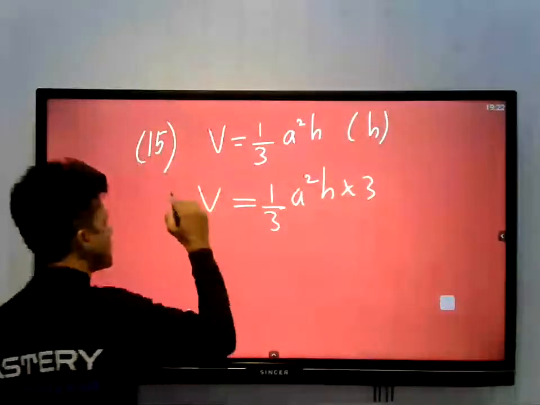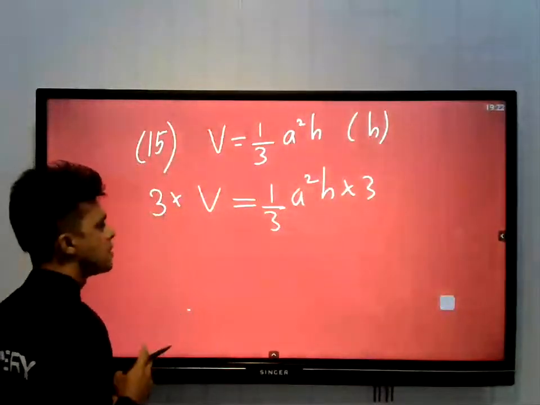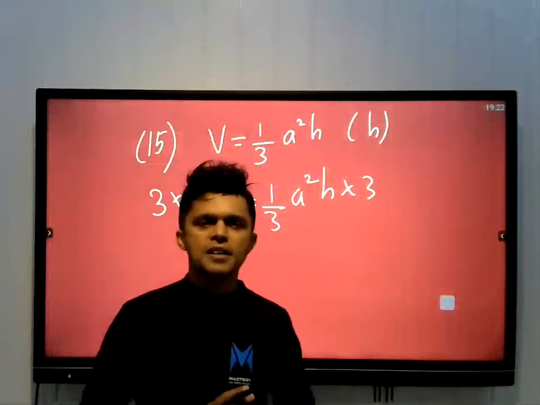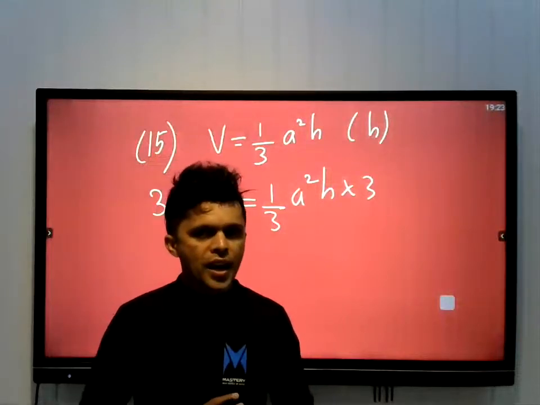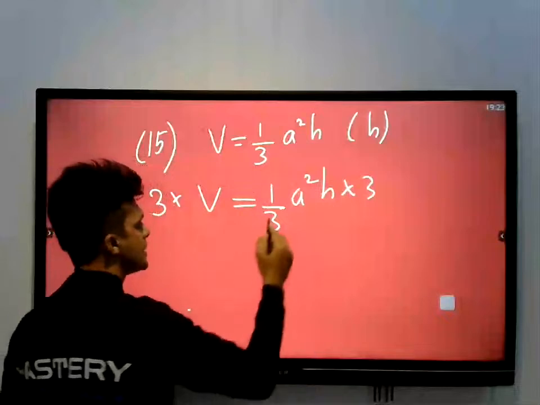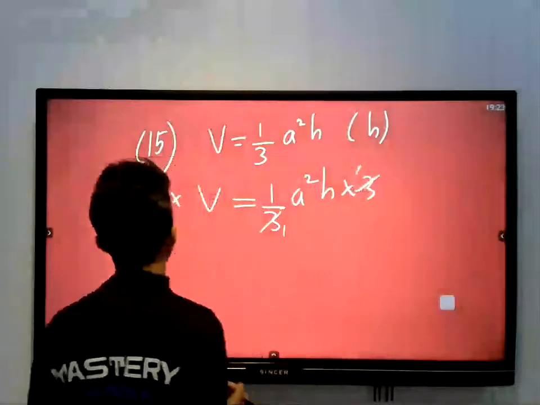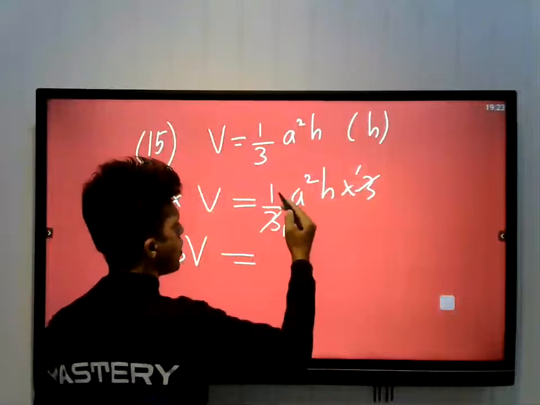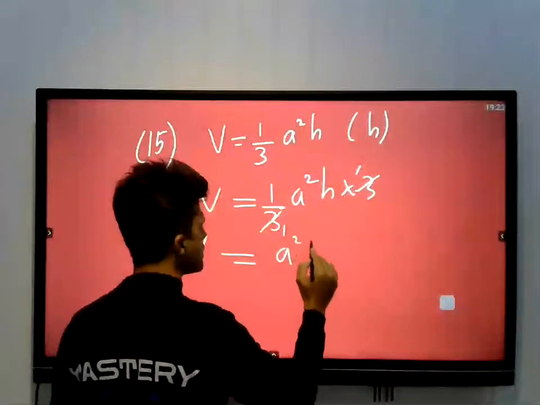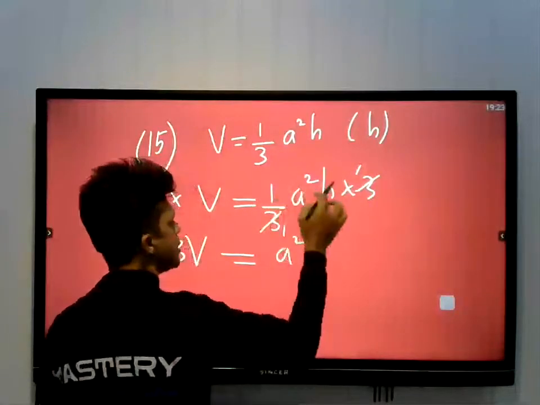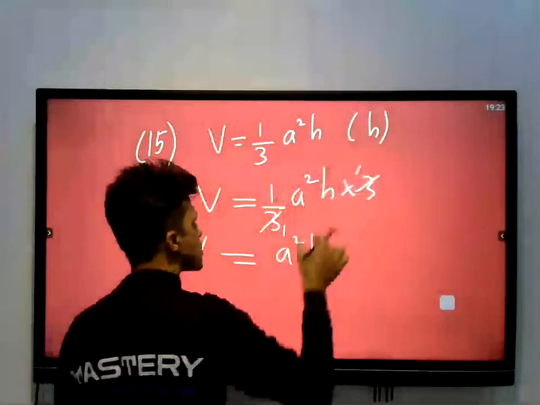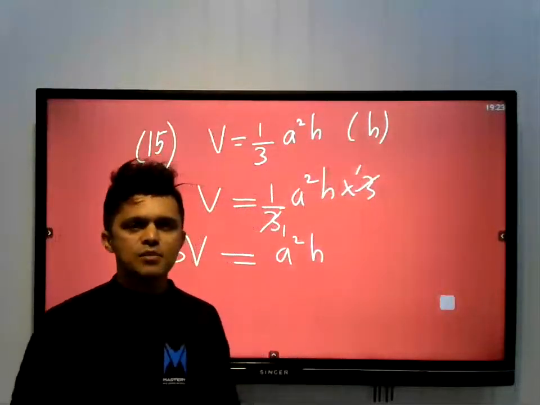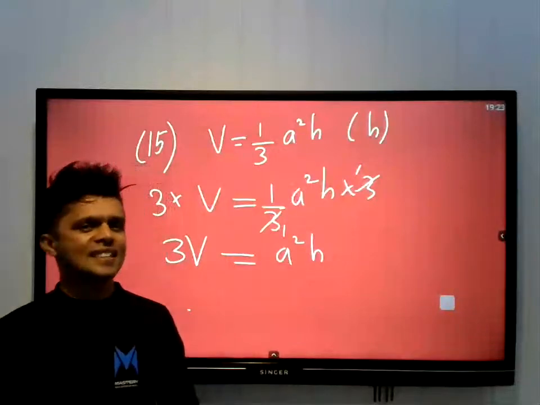This side by 3, this side also multiplied by 3. Here you could see 3, that's the reason for multiplying both sides by 3. So this 3 and this 3 can be cancelled out. 3 into V is 3V, equals 1 into a squared h, so a squared h.